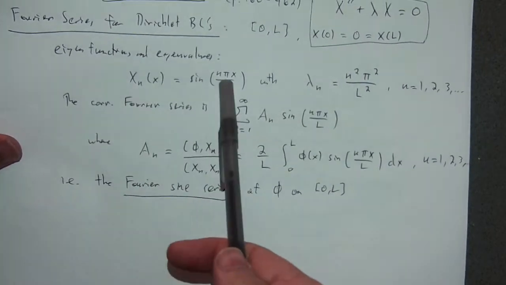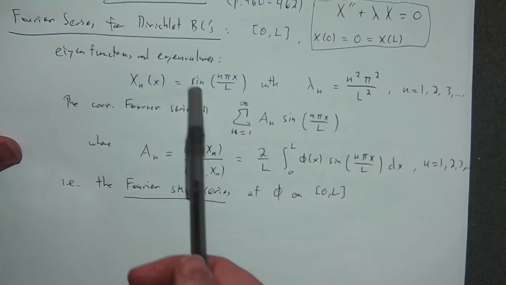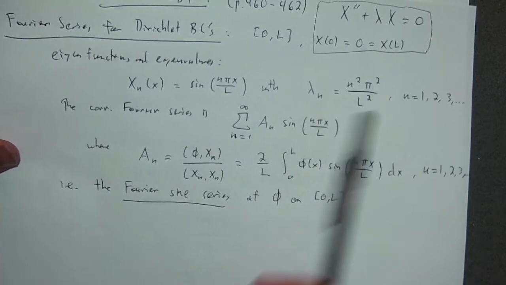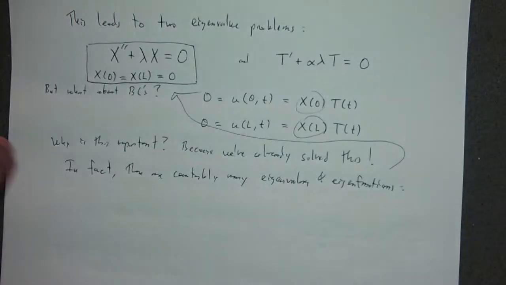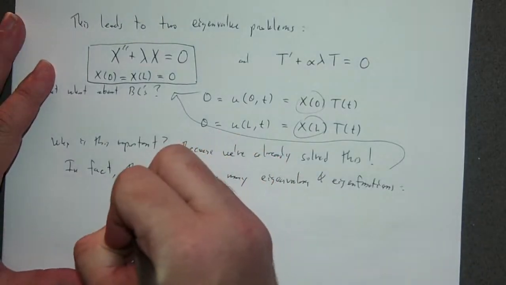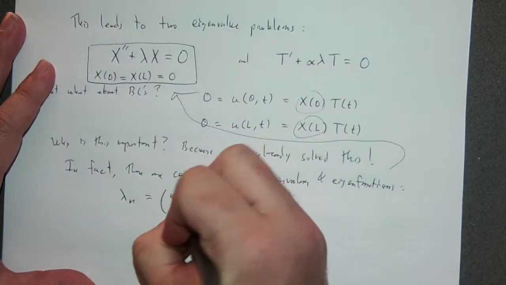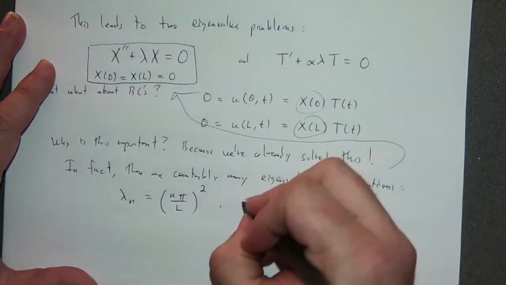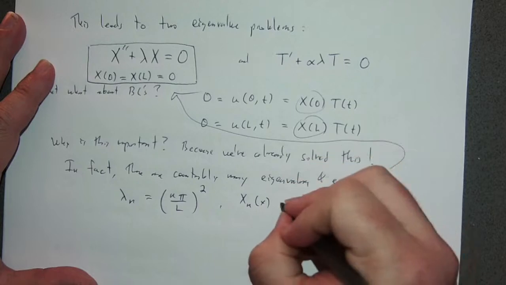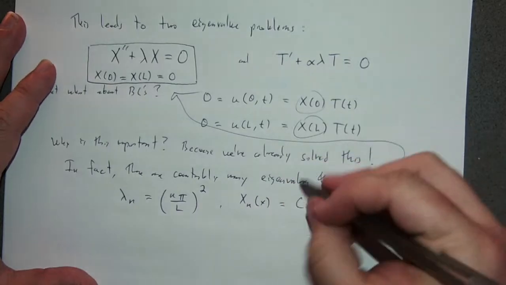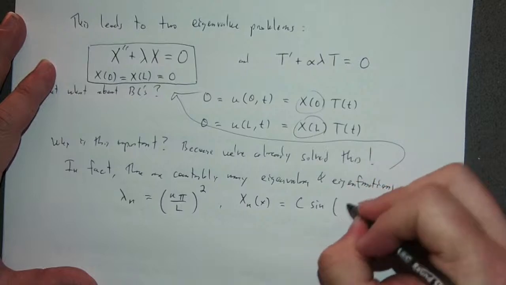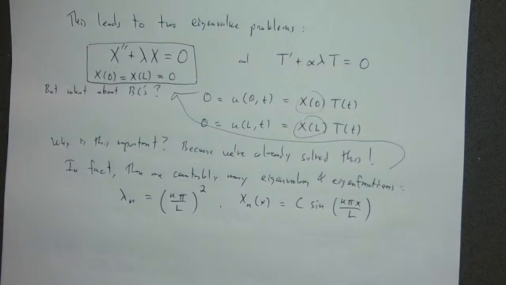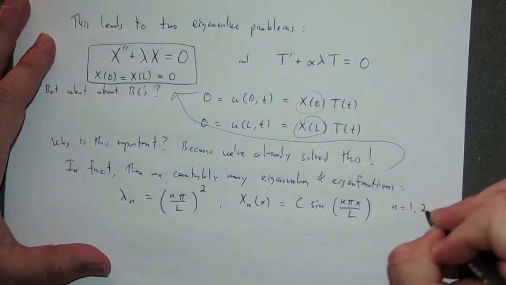So the x sub n's are sine of n pi x over L. Of course, if this was completely general, this would be some constant times sine of n pi x over L. And the eigenvalues are n squared pi squared over L squared. And so my eigenvalues are n pi over L all squared, and my eigenfunctions are some constant times sine of n pi x over L. Okay, and this is for n equals 1, 2, 3, and so on.